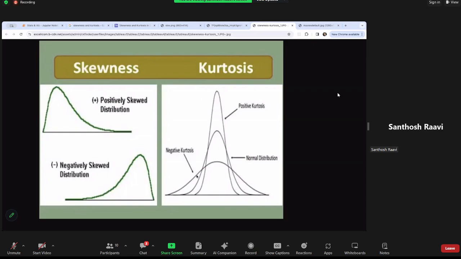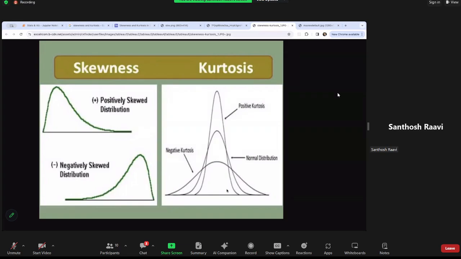Here, if you see, there is not much of a highest value, so that's why it is called negative kurtosis. And this is the normal kurtosis, and if it has a higher peak value and the standard deviation is very, very less, then it is called positive kurtosis.